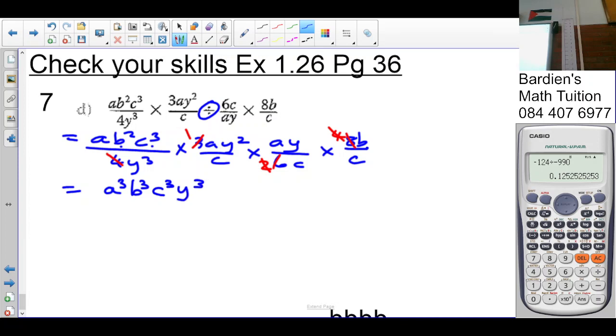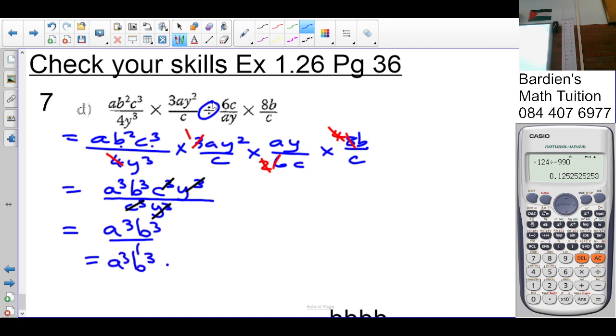We accounted for A, we accounted for y, we accounted for B. Over y cubed is the first one. C times C times C, C cubed. Or it could have been y cubed, C cubed, it's the same. You all okay with that? So what do we have now? The y cubes cancel. C cubes cancel. Leaves you with A cubed B cubed over 1, which is A cubed B cubed.